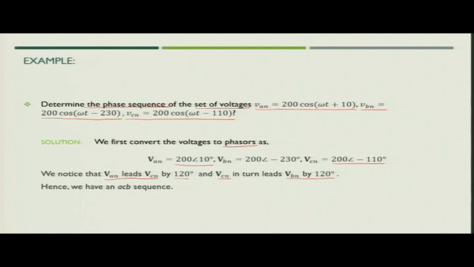So, VAN is leading VCN by 120 degree because 110 minus 10 will become 120, and then VCN will lead VBN by again 120 degree, 230 minus 110 will give you again 120 degree. So, with this sequence you can simply say that the given voltage is in ACB sequence.